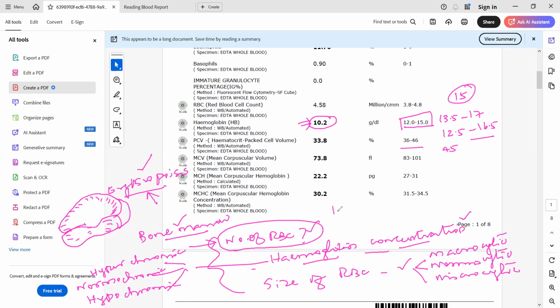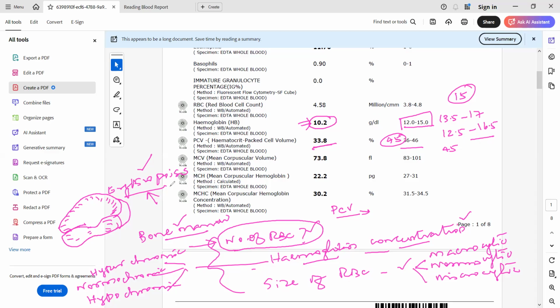and based on the packed volume, that is hematocrit, packed cell volume, if the cell volume is okay but only the cell sizes are small, then it is different. But here the volume itself is less. It is not 45. Normally we say around 45, not even 40. Here it is 33 for this patient.